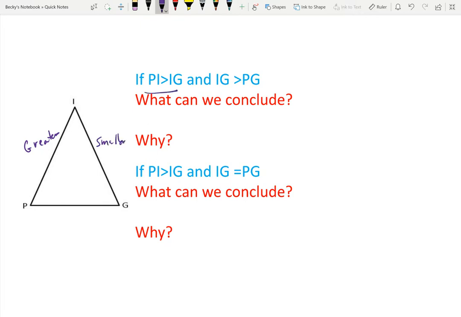And then GI is greater than PG. So this one is the smallest, even though it's not to scale. What can you conclude? All right, easy. They both share this, so they cancel out. We're left with PI is greater than PG, and this is the transitive property.